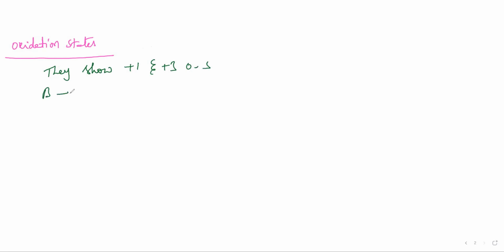But boron shows only +3 oxidation state. Thallium exhibits only +1. Why only thallium exhibits +1? This is due to inert pair effect.